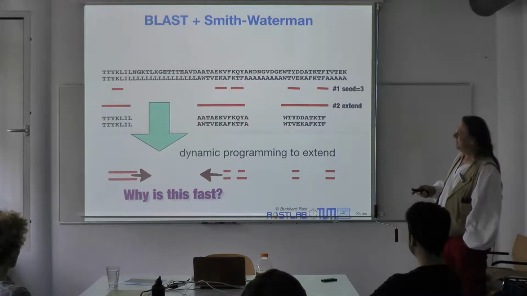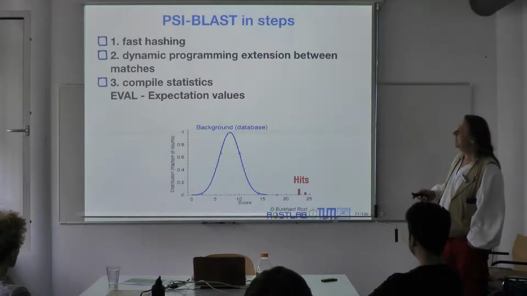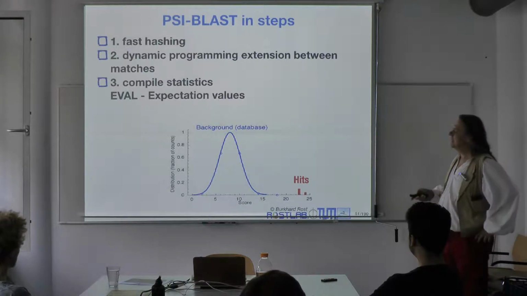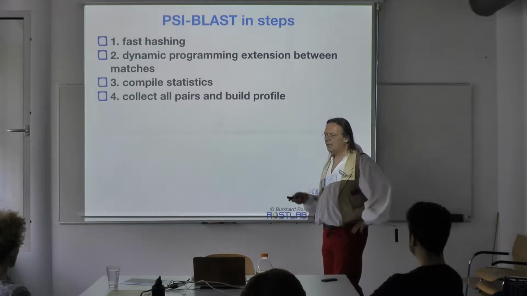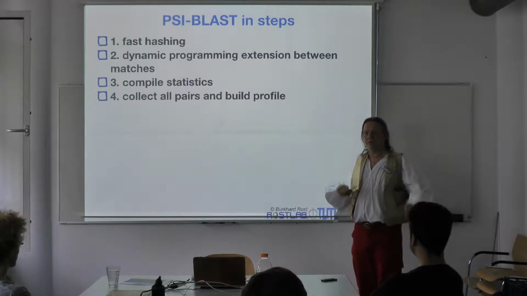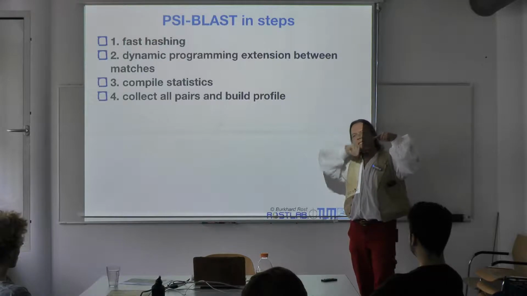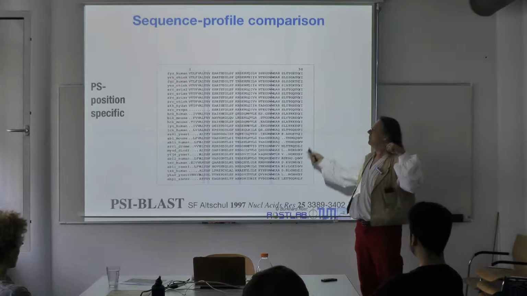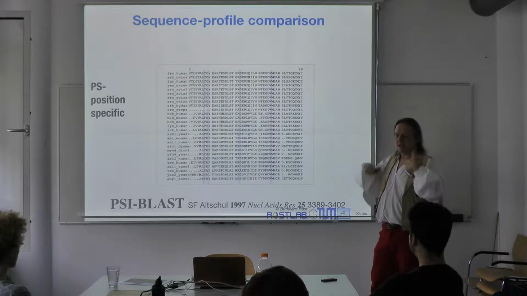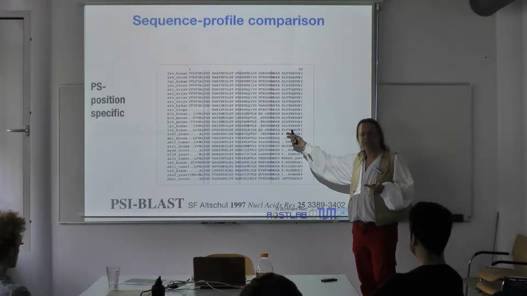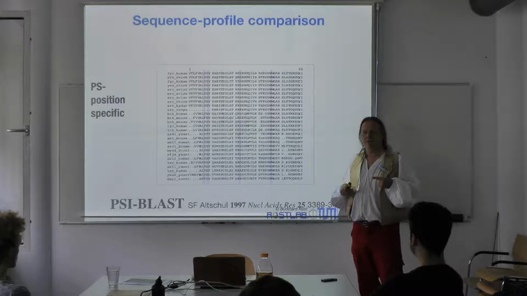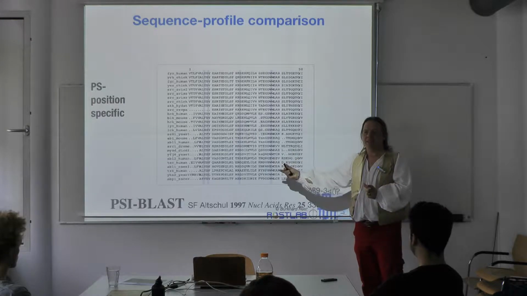That's the point here. We still need to get the statistics right, same as before, the background statistics. Now what we do is we collect all the pairs. So we run one sequence in this way against the intended database, build up the profile, then we turn this profile into a position-specific scoring matrix, and in the next run, we take the profile and run it against the database.